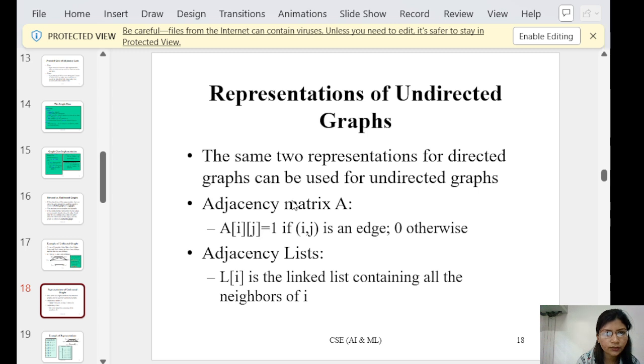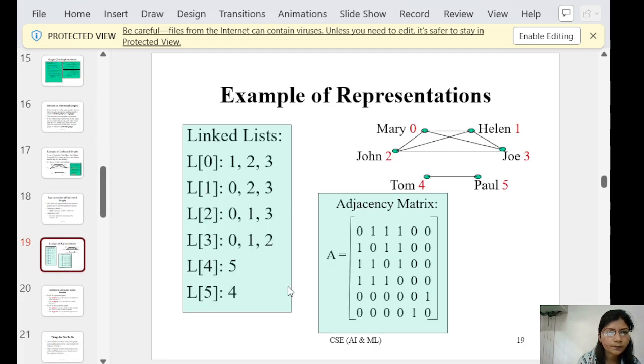Then representation of undirected graphs. The same two representations for directed graphs can be used for undirected graphs. Adjacency matrix: A of i, j equals 1 if (i, j) is an edge, otherwise 0. Adjacency list: L of i is the linked list containing all the neighbors of i.